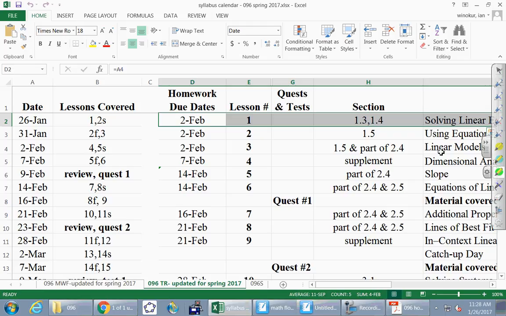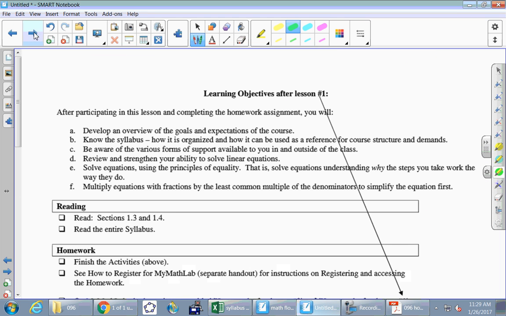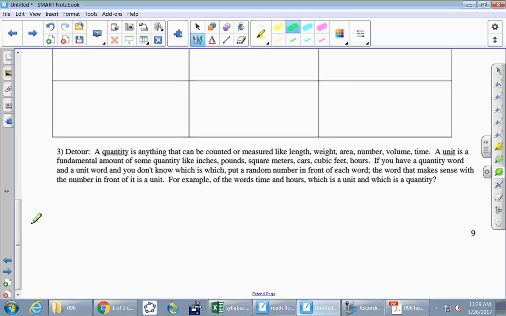Okay, so what we are going to do right now is start lesson number 2, which is this guy right here. Lesson number 2 starts a few pages after wherever we ended up. So let's take a look at page 9. Everybody going to page 9 in the big packet.